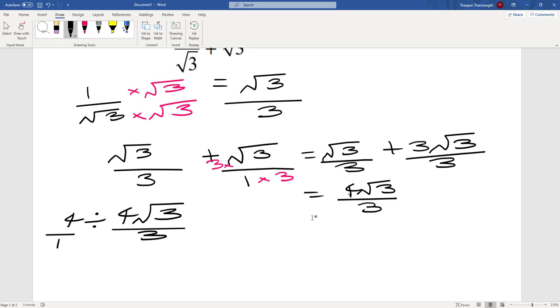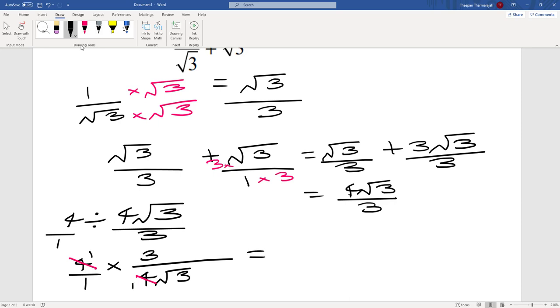Now this is 4 over 1. Once we've got this step, we can do 4 over 1 times, take the second fraction, turn it upside down, so we get 3 over 4 root 3. Now straight away the two 4's are going to cancel out. What I end up with is a 1 and a 1.